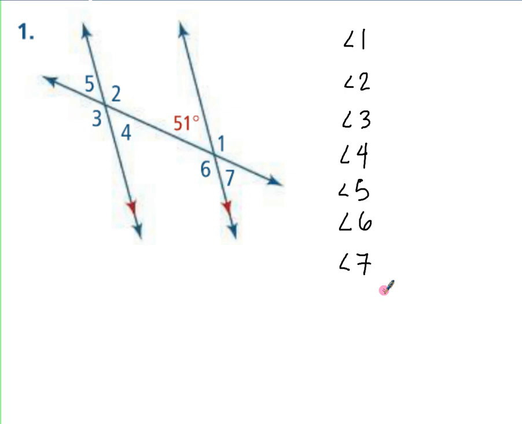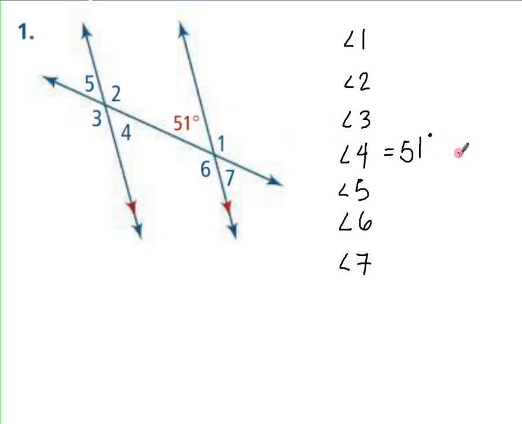Let's see. What do I know about my 51 degree angle and angle 4? Because of the alternate interior. Okay, they're interior, right? And they're alternate interior. Okay, so I'm going to write my reason out here. Alternate interior angles.